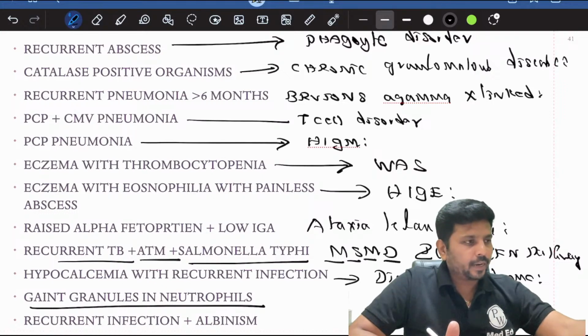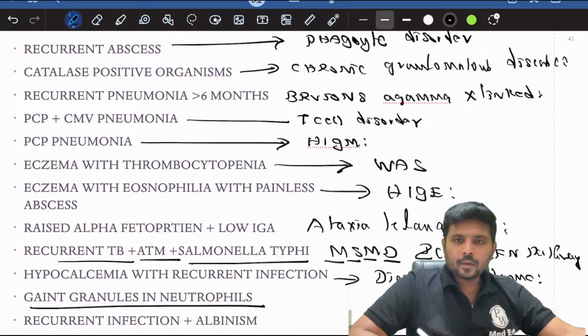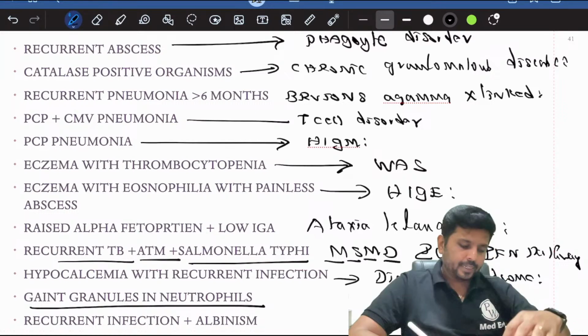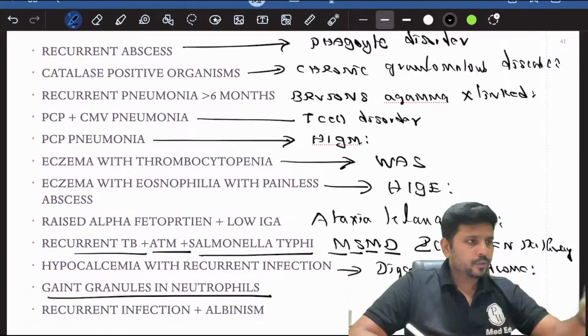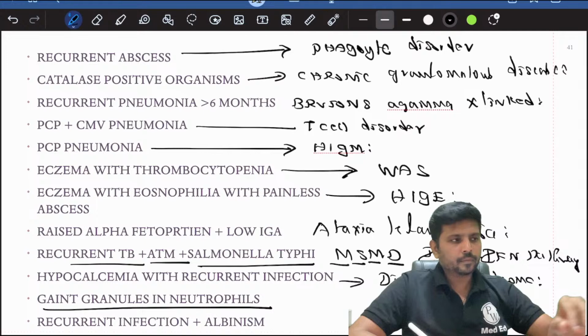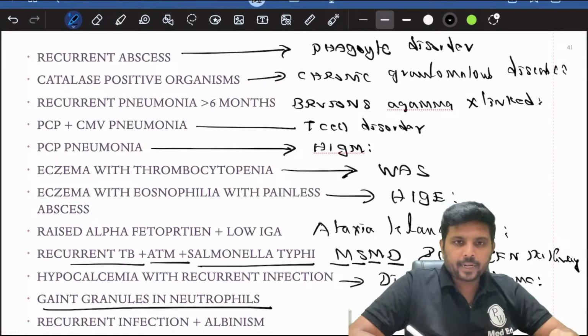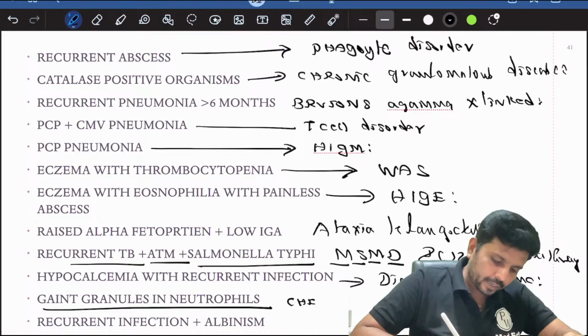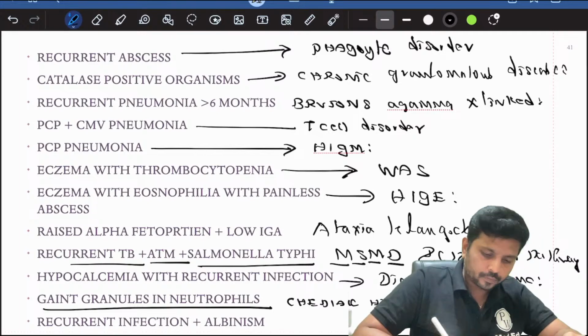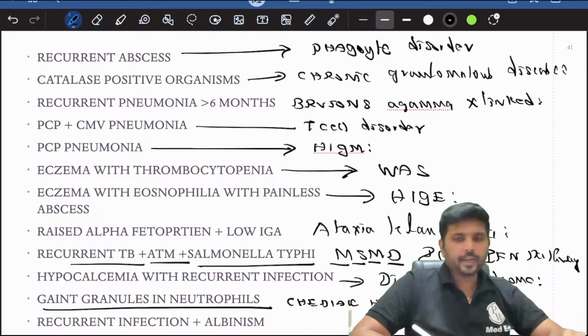Okay, giant granules in neutrophils is a manifestation of Chediak-Higashi syndrome.